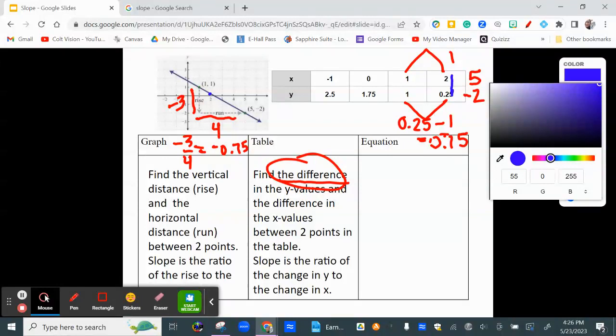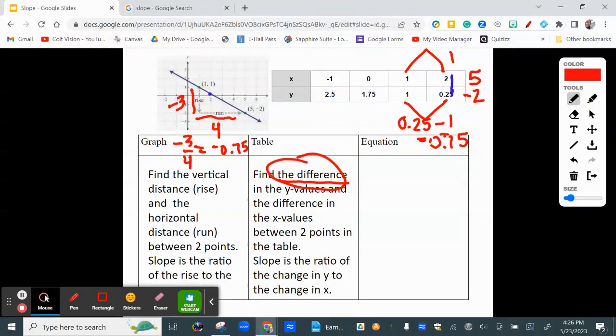If I use those 2 points instead, let me find the difference now. I'm going to subtract 5 minus 1, which is 4, and I'm going to subtract negative 2 minus 1, which is negative 3. You can check in the calculator if you don't believe me, but negative 2 minus 1 is negative 3.